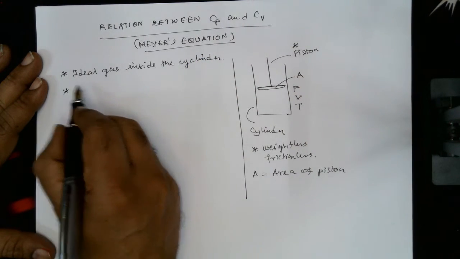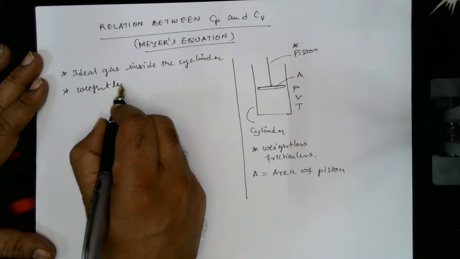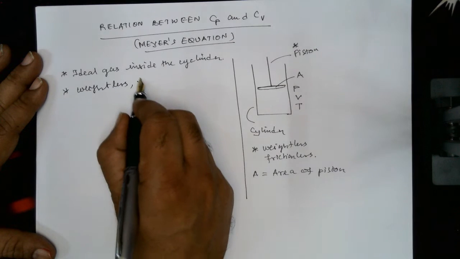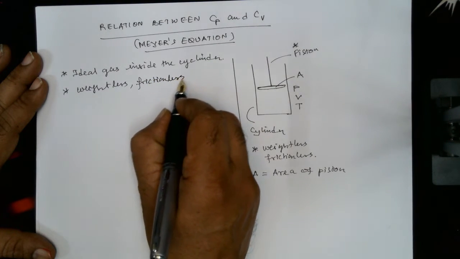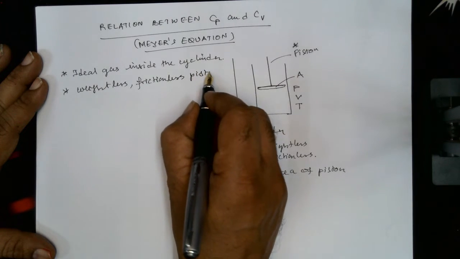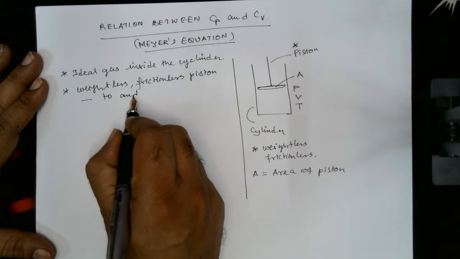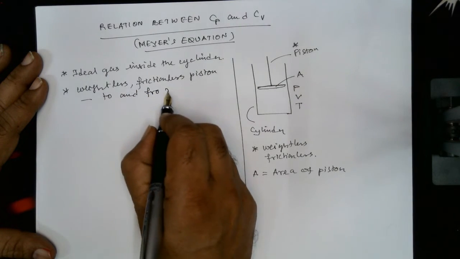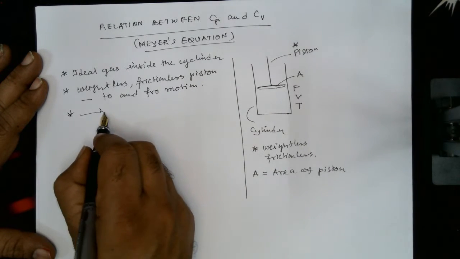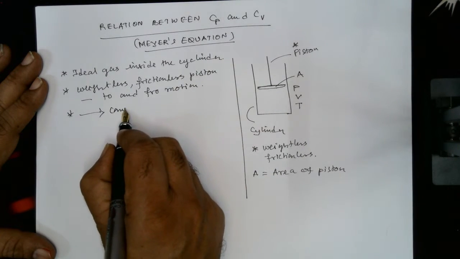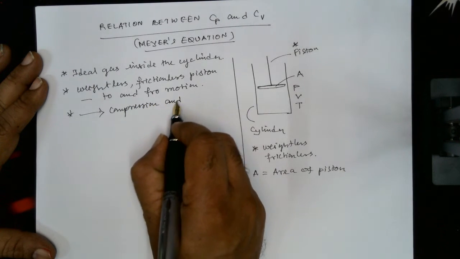And we have got the weightless, frictionless piston that adopts to and fro motion, that causes compression and expansion.